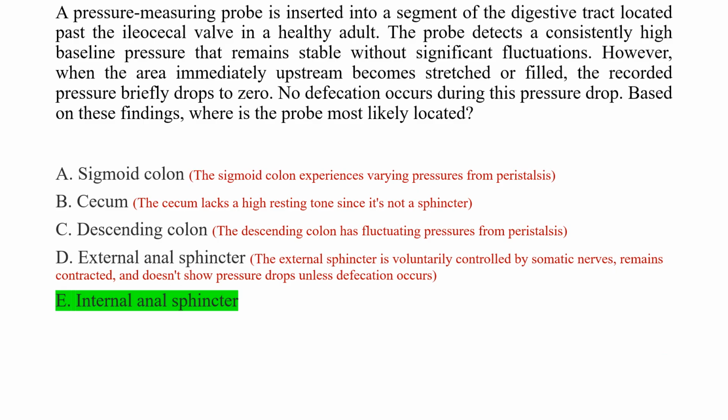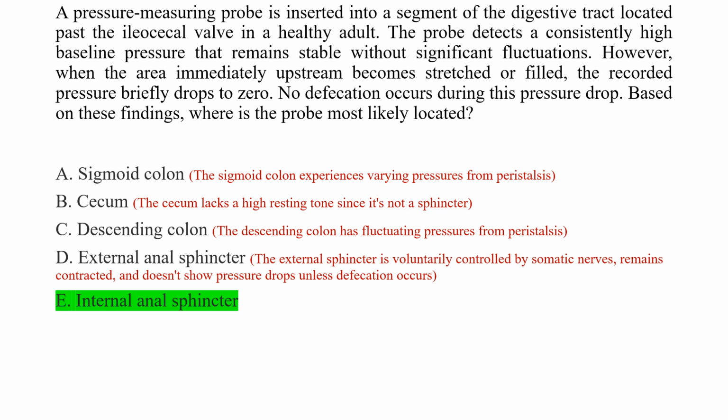Let's have a look at why the other options are incorrect. Option A, the sigmoid colon would display fluctuating pressures due to peristalsis. It does not maintain a constant high resting tone. Option B, the cecum, which is part of the large intestine, may hold contents temporarily but doesn't maintain high resting tone. It's not a sphincter, so the pressure would fluctuate with peristalsis.